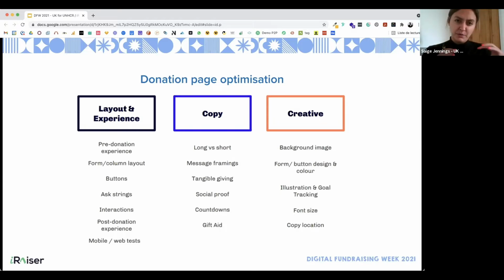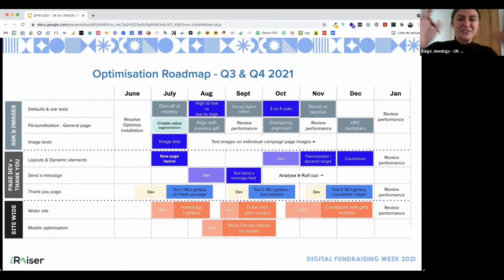With these 3 pillars in mind, we developed a testing roadmap. I won't go into the details of what those are, not to just read everything out. So this was our optimization roadmap that we built and developed. With each block, the idea was that each test would run for a month, based on the previous month's test but also based on traffic.